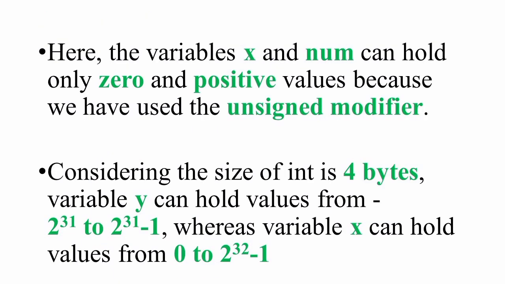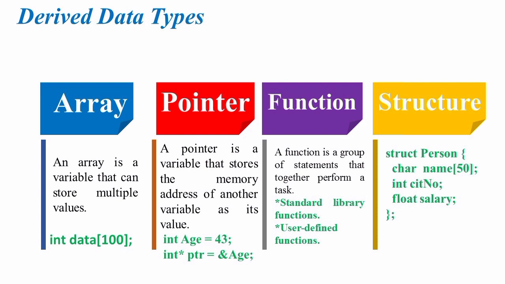Here, the variables x and number can hold only 0 and positive values because we have used the unsigned modifier. Considering the size of int is 4 bytes, variable y can hold values from minus 2 power 31 to 2 power 31 minus 1, whereas variable x can hold values from 0 to 2 power 32 minus 1.